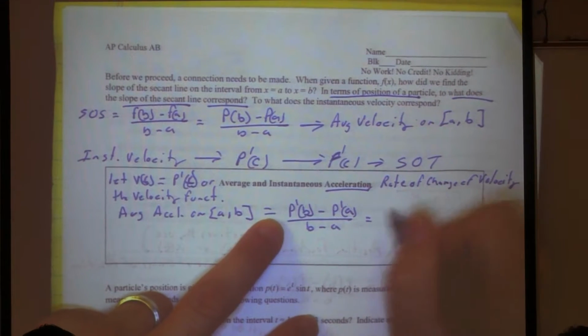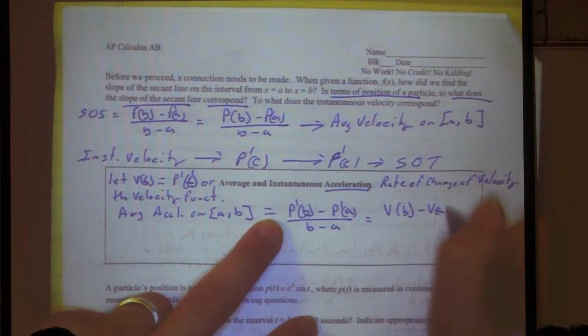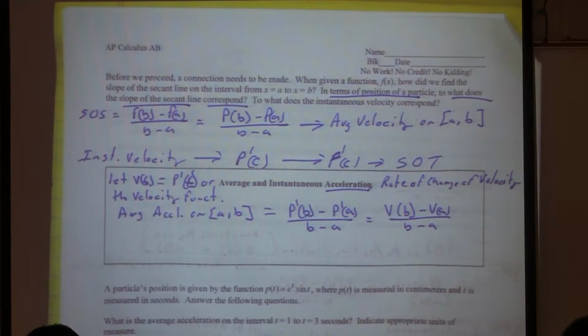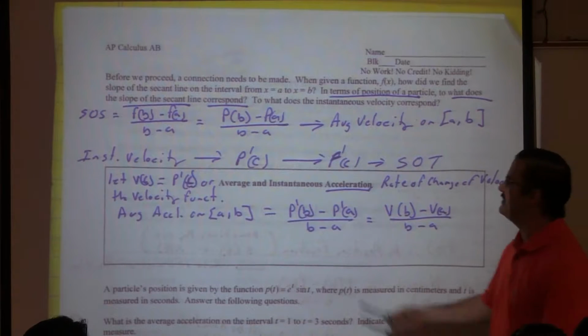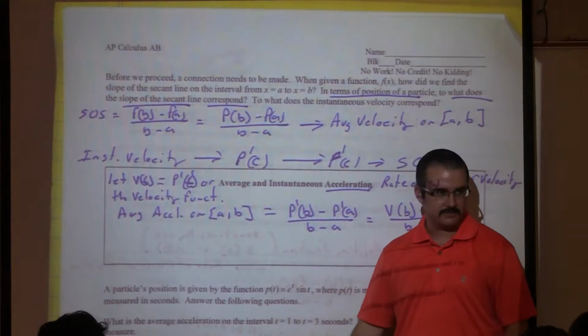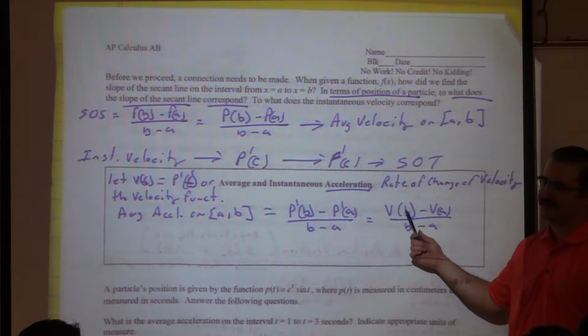Could I also say v of b minus v of a over b minus a? Yes, very good. Depending on what you're given, right? If they give you the position function, then you need to get its derivative and evaluate it to find the acceleration. If they're giving you the velocity function already, then you can just use that velocity function.